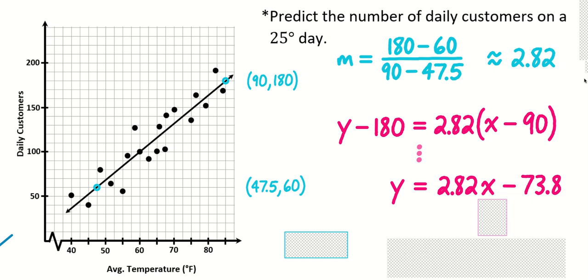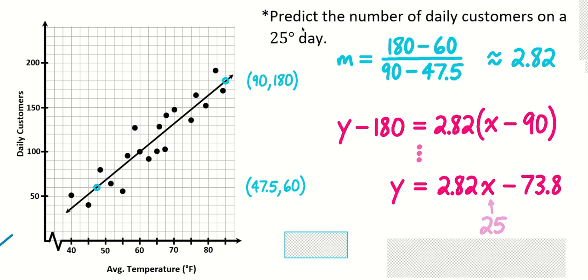Okay, the slope-intercept form ends up being y equals, or approximately equals, 2.82x minus 73.8. And again, decimals are okay, more than okay, I think, with this line of best fit stuff. Right? So anyway, now we have our equation in this form, which again makes it really easy to get an answer after just plugging in 25 for x.